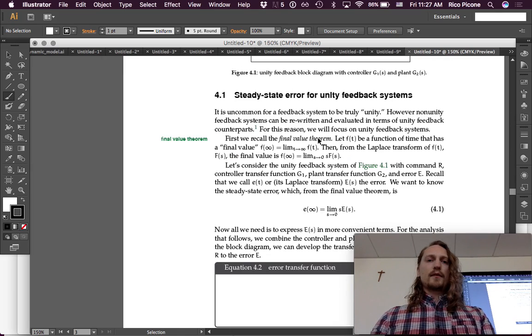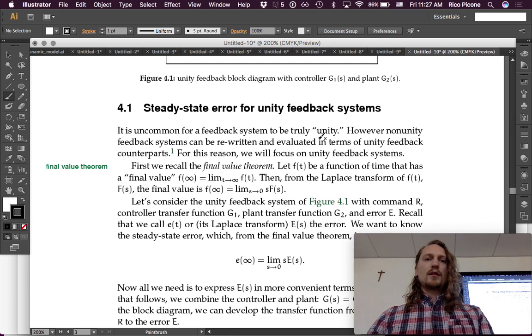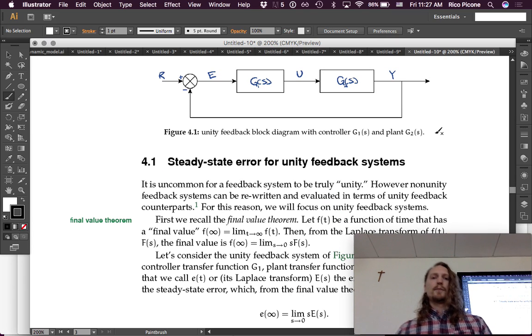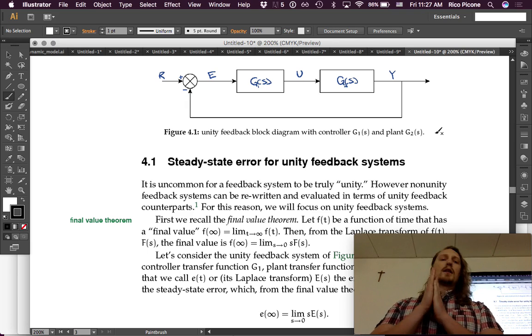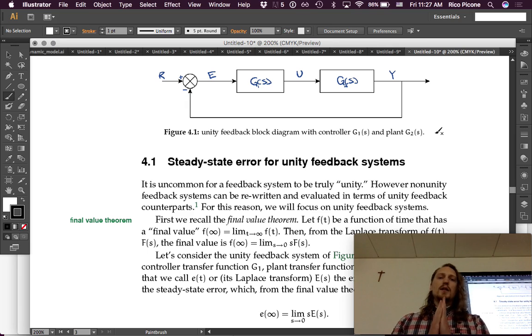So that is our intro, and now we get into steady state error for unity feedback systems. And the first thing to address is, why are we just doing unity feedback systems? It's actually not super common for a system to actually be unity feedback.